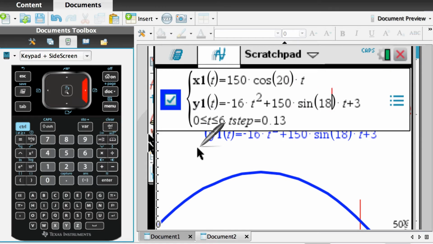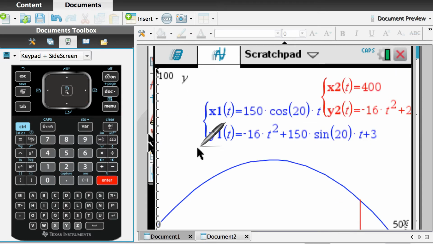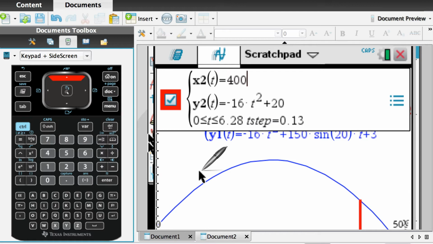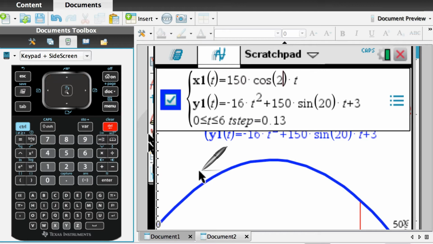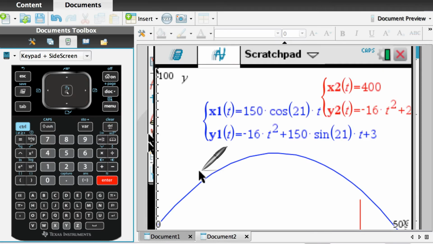And we see that I'm not sure if it crossed. Looks like it doesn't cross just yet. No problem. So we'll do Control G, and we'll go back up here, and we'll just change this angle to 21. So the ball is now being hit at a 21 degree angle, and it looks like it clears the wall. And so your answer for this problem would be 21 degrees.